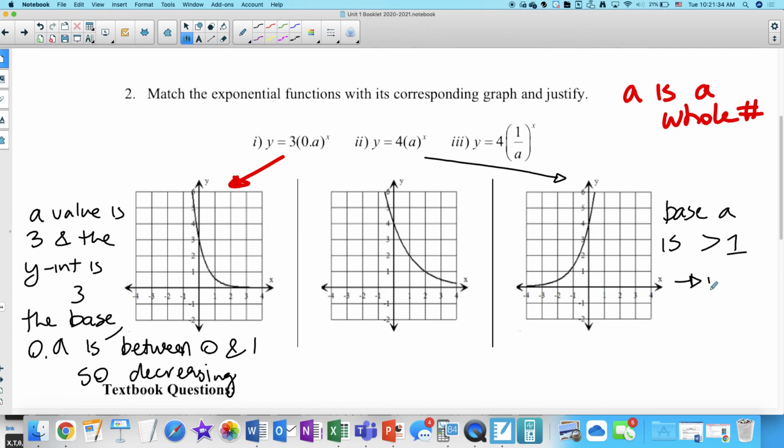Okay, and then finally this last one is this guy, right? And that's similar to this one. Here, if the base is 1 over a, think about that like 1 over 2, 1 over 3, 1 over 4, that kind of thing. The base, again, is between 0 and 1, which means it's going to decrease.